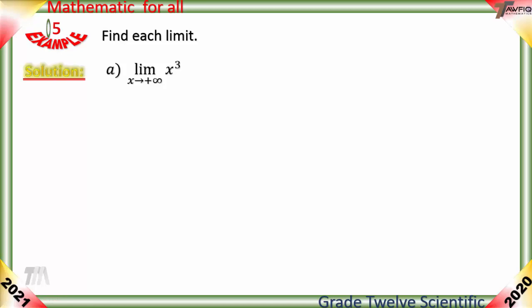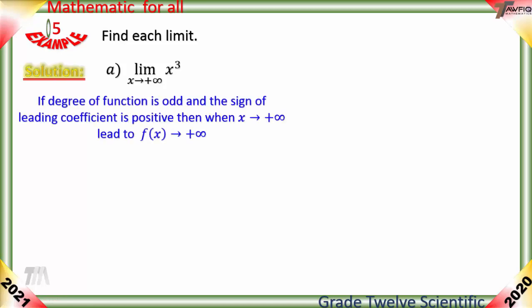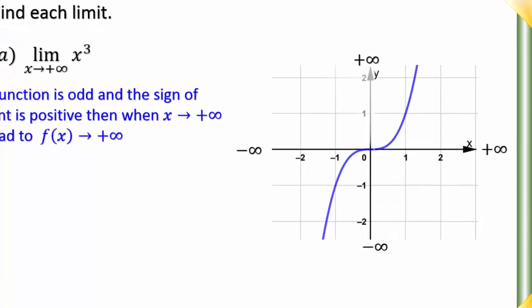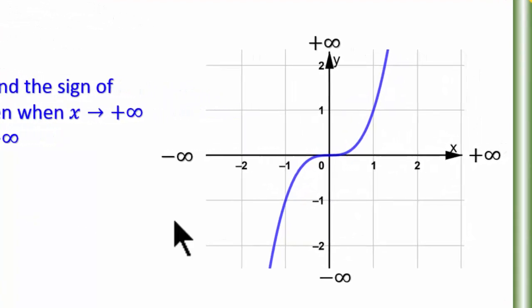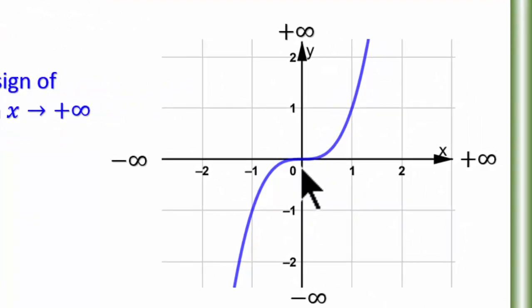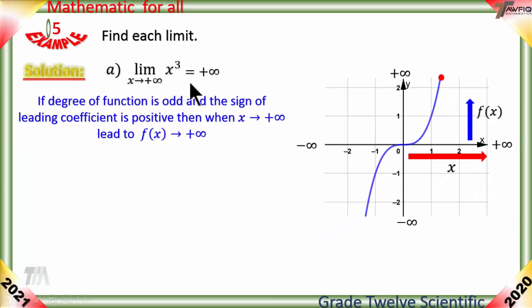That means this limit is equal to positive infinity. To explain that, look at the graph of the function x cubed. When x approaches positive infinity, the function goes to positive infinity too. That means this limit is equal to positive infinity.